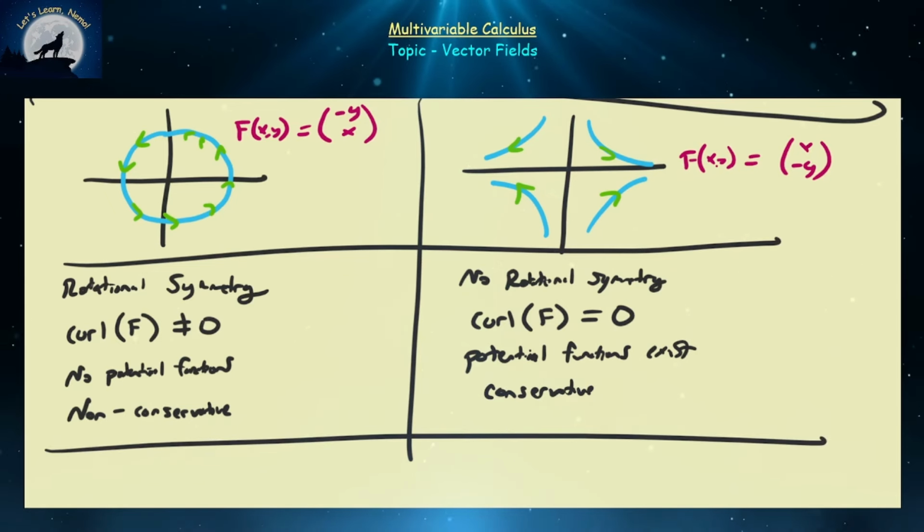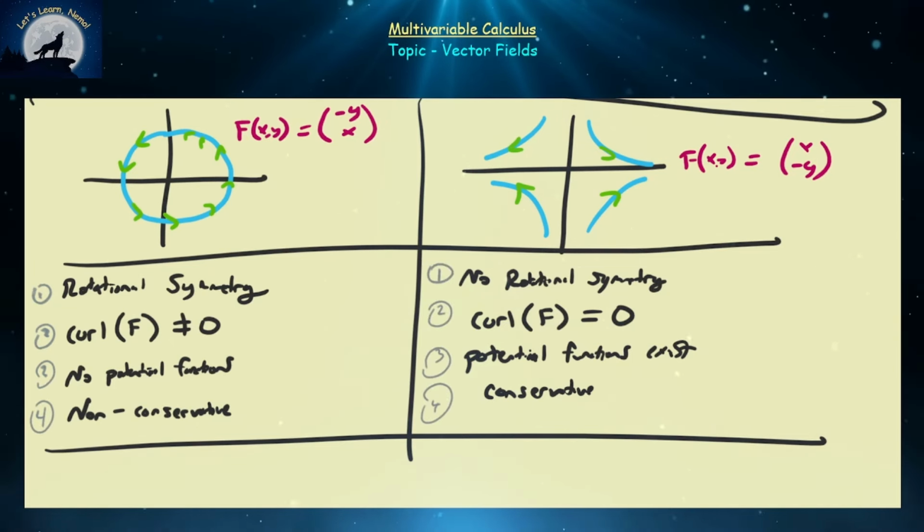Now, these are just observational things. So 1, 2, 3, and 4 for these particular vector fields. But what you're actually going to see as you play more and more in the realm of vector calculus, these properties will most of the time, if not always, stay like this.